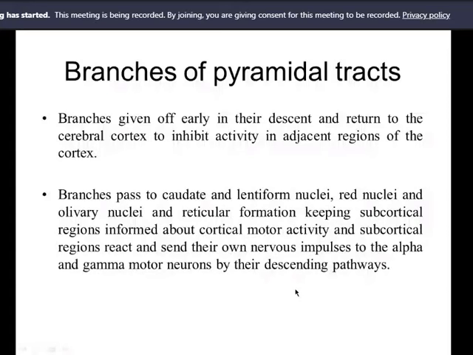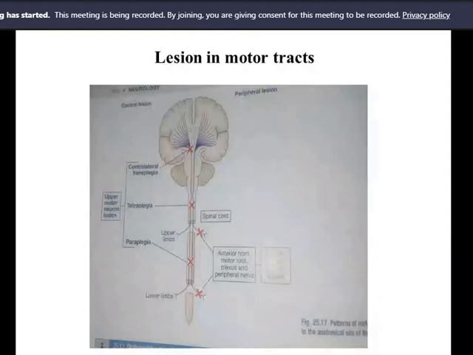Now see, if there is a cut, if there is a lesion, what happens? Suppose there is no cut here, okay? So the lesion occurs here. From this side the nerve path crosses and comes to the other side.